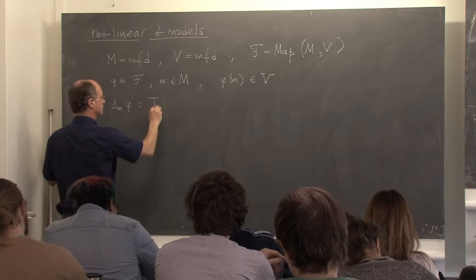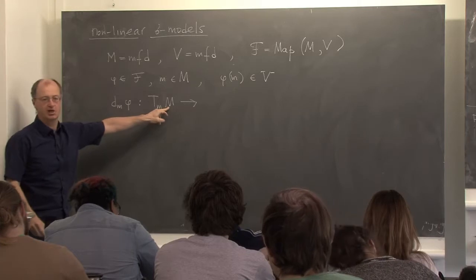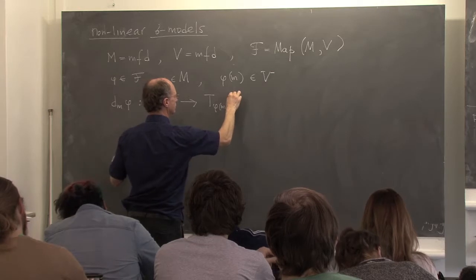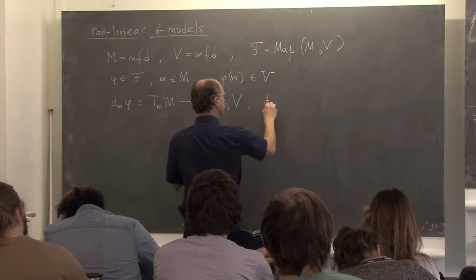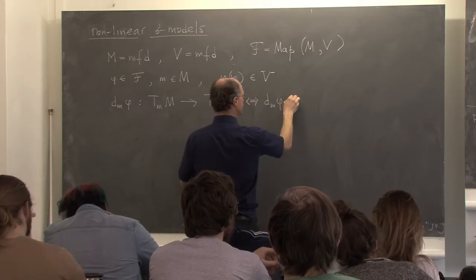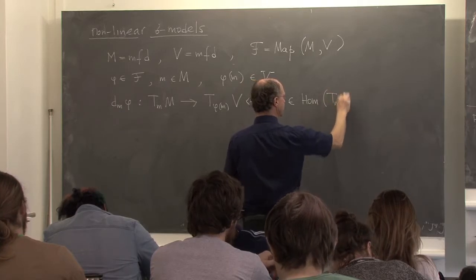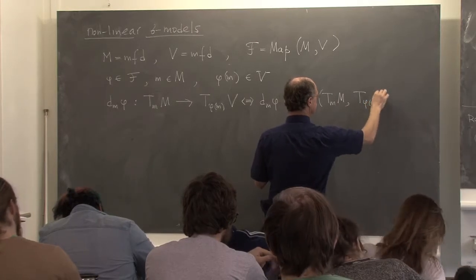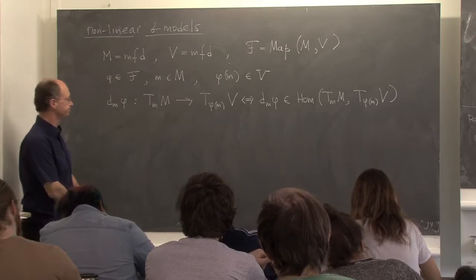So, well, as usual, that's a map from the tangent space to the tangent space. Or perhaps let me write it in the following way. So that's just saying the same. So this is an element of the vector space of Homs from one vector space to the other.